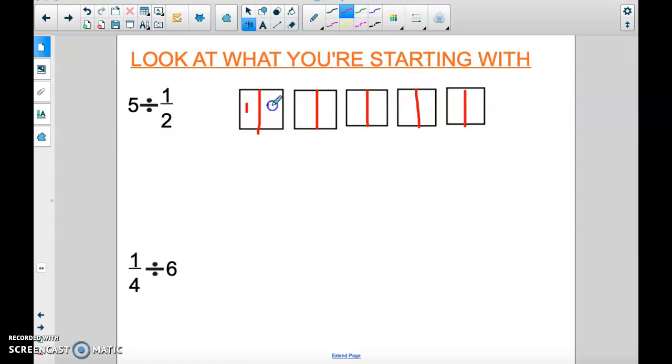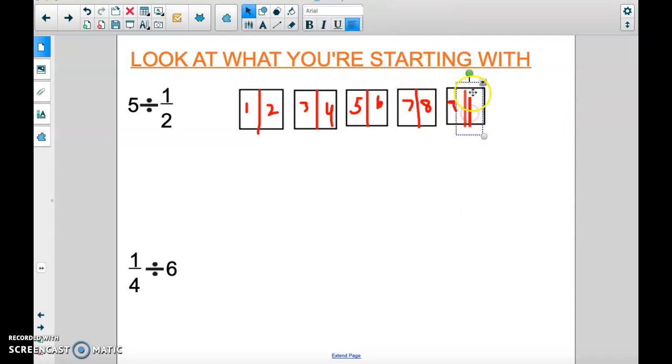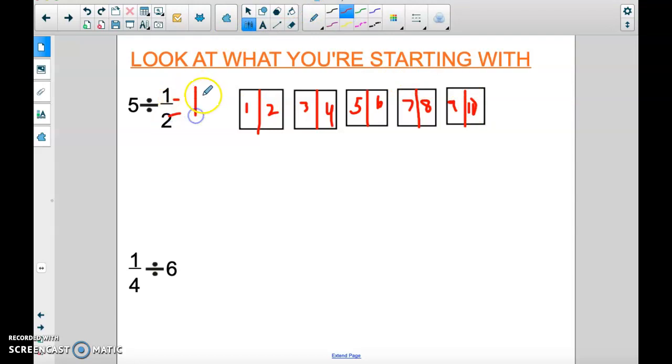And then you just count up how many halves there are. So then the answer here should be 10. Not 5 halves, not 1/10, 10. Okay?